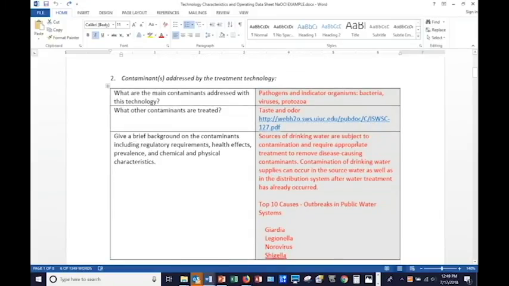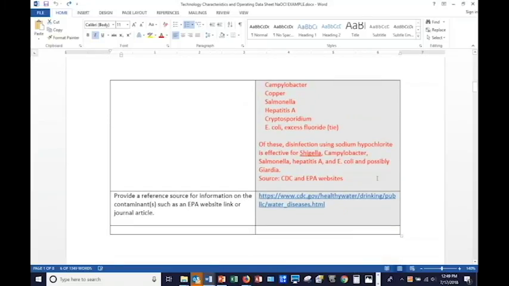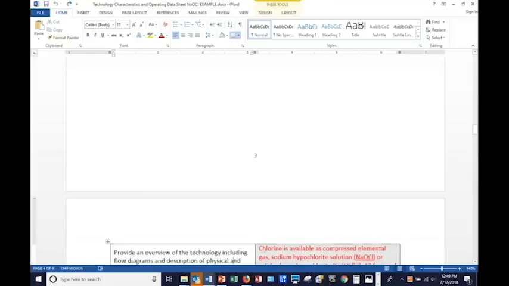In this case, I put in taste and odor. You could also put in things about iron and manganese treatment or something like that. And then provided a brief background of the contaminants. And this information I got from, as you can note down at the bottom, CDC and also from EPA. And then I provided a link for where that information came from. So in the future, I won't wonder what was going on with that.